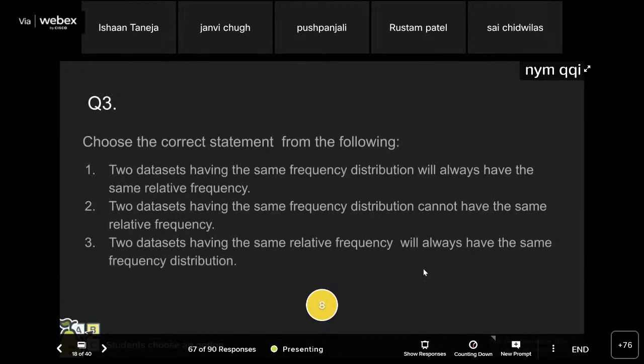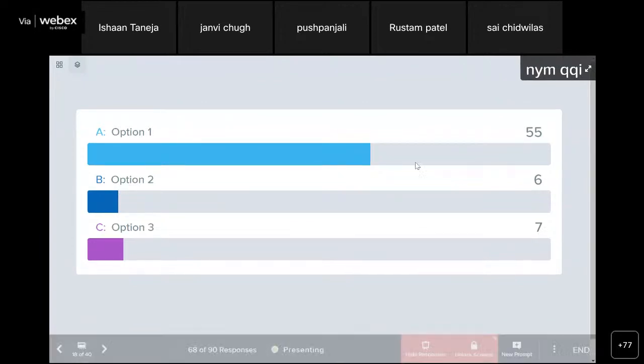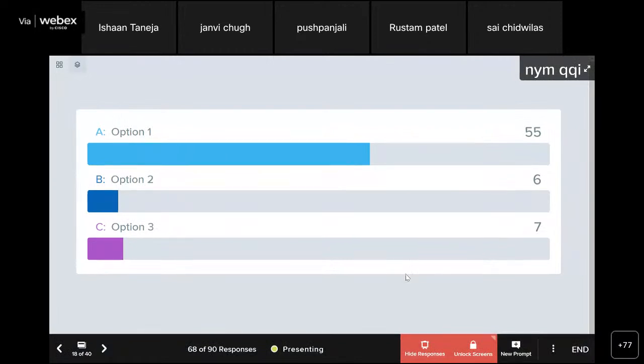Okay, let's move to the solution part. I think all of you who are active have answered already. Okay, the majority of you have answered option 1 and a few have gone to option 2 and option 3.